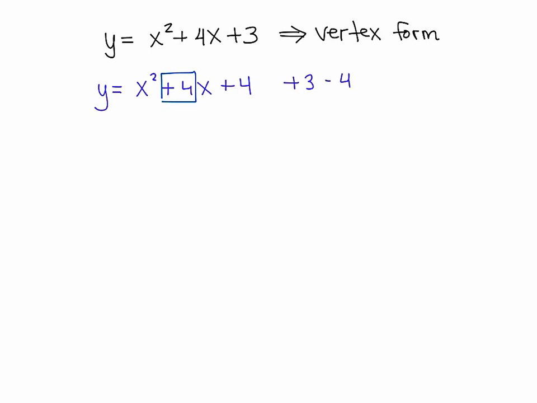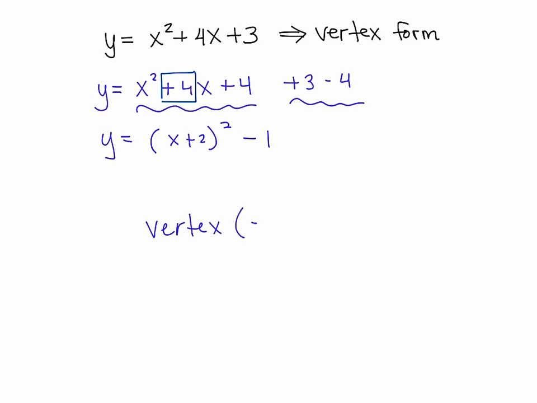So we're really adding 0 here. The first 3 terms factor out as (x plus 2) squared. Simplify the last 2, we have negative 1. So vertex is at negative 2. Remember to negate that answer, and negative 1.